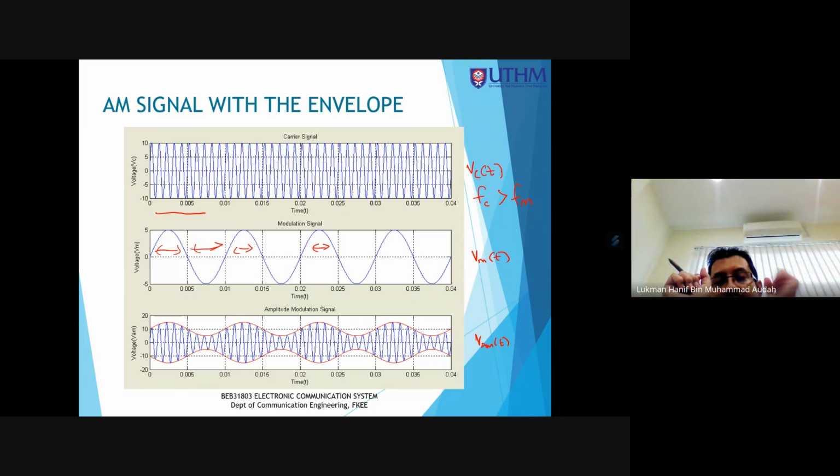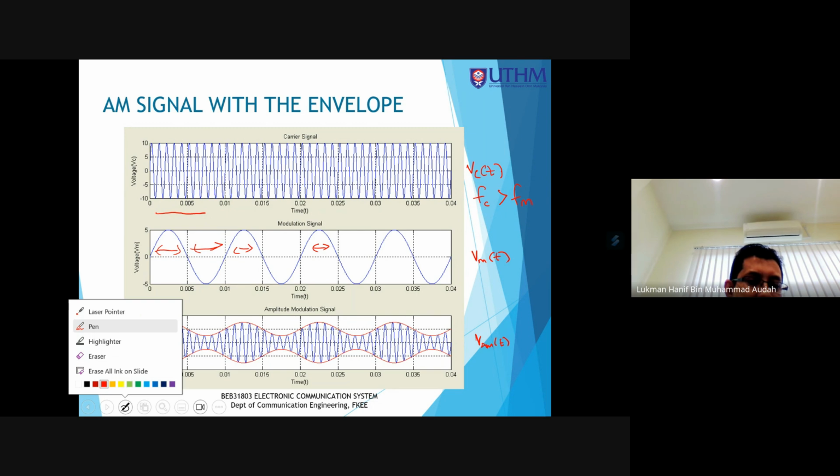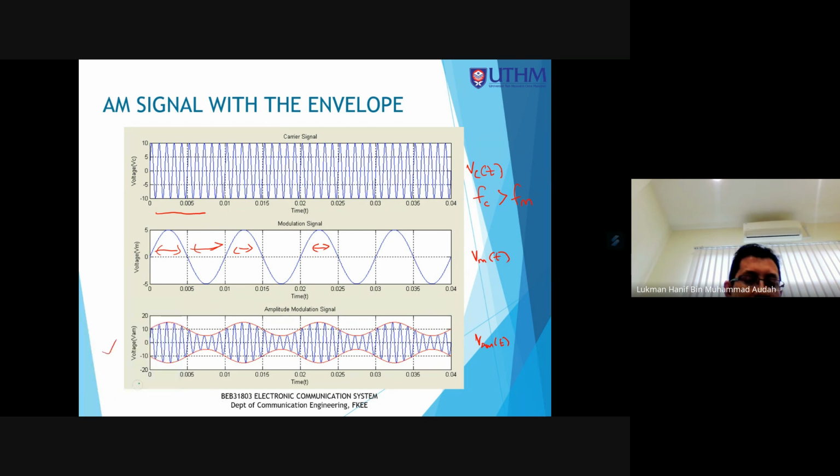And you're going to see another thing for V_AM(t). There is a red color line above and below. This red color line is actually the imaginary line, which we call the envelope.